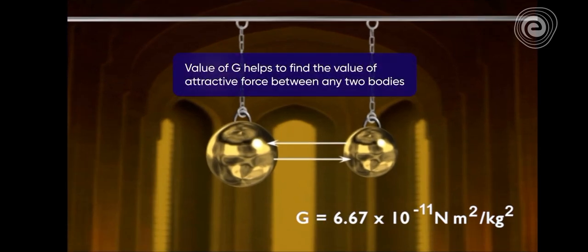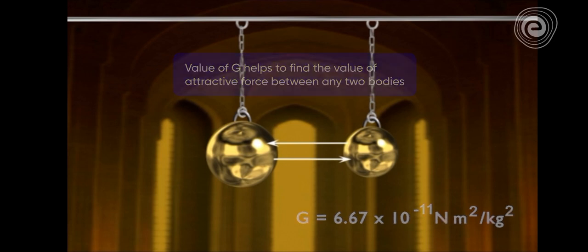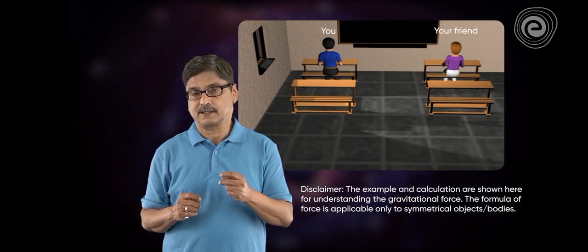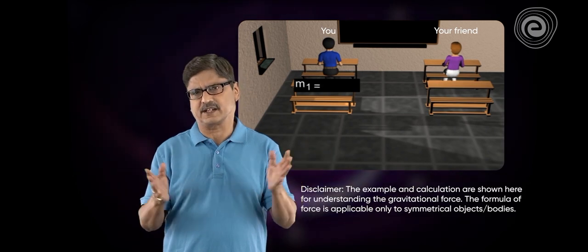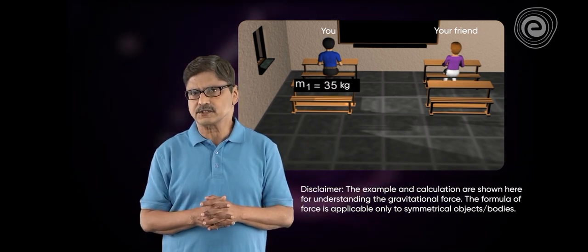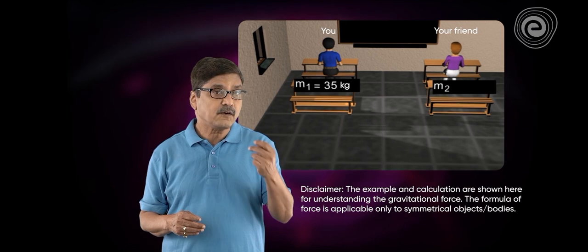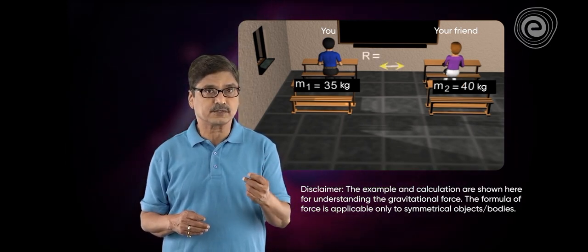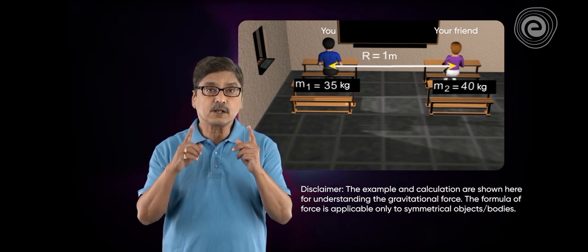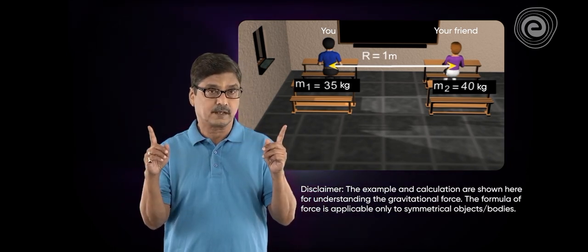Knowing this value of G, we can now calculate the force of attraction between the two bodies. The force between you and your friend: let m1, that is your own mass, be 35 kgs, and m2, that is your friend's mass, be 40 kgs. R is equal to 1 meter, the distance between you two.